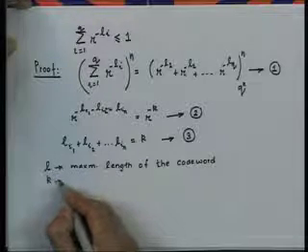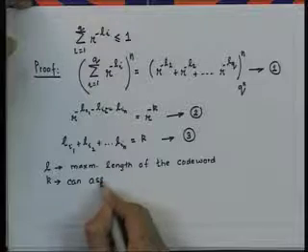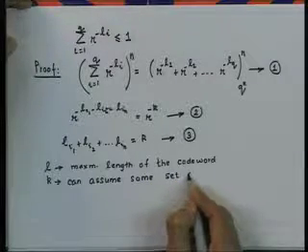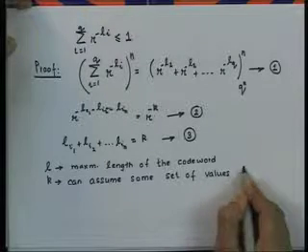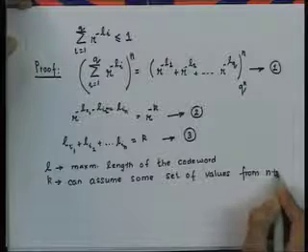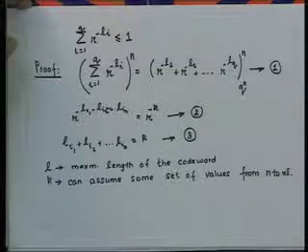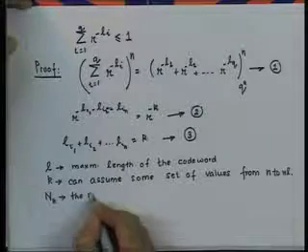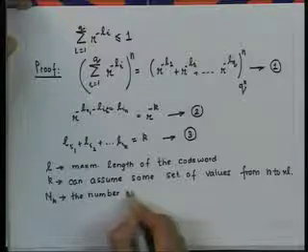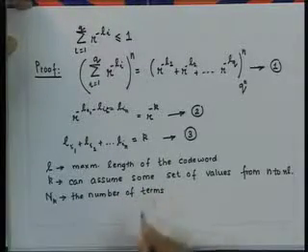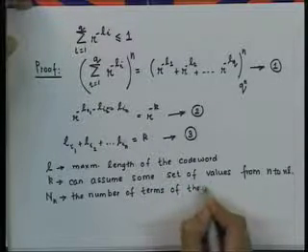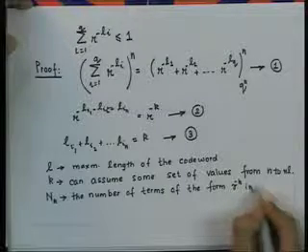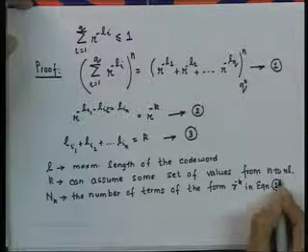Now, k can assume values from n to nL, and let us define N_k as the number of terms of the form r raised to minus k in this equation one.